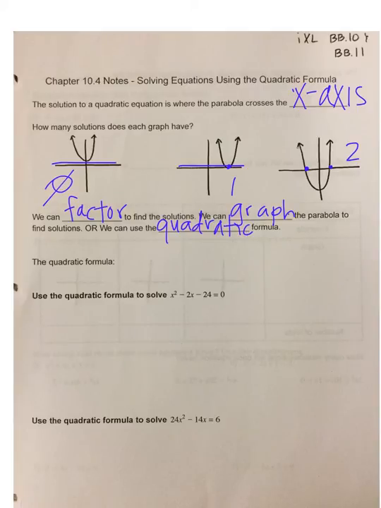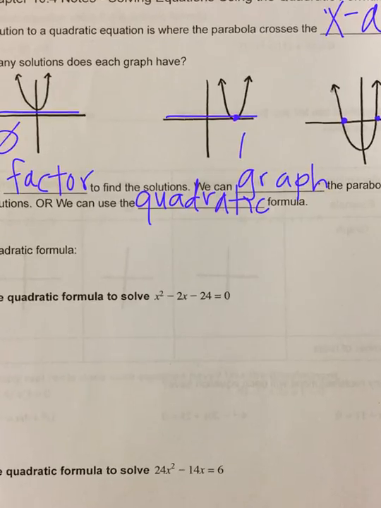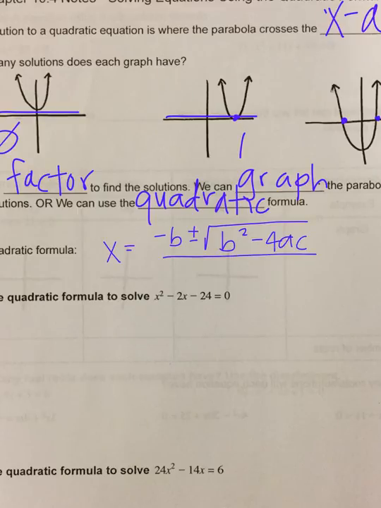Dun, dun, dun. So your quadratic formula is x equals negative b plus or minus the square root of b squared minus 4ac, all over 2a.